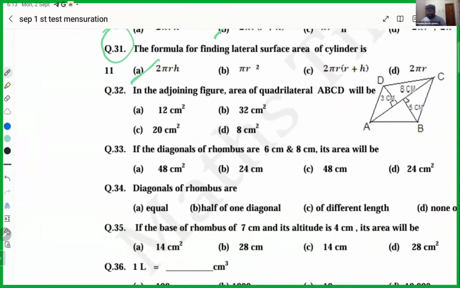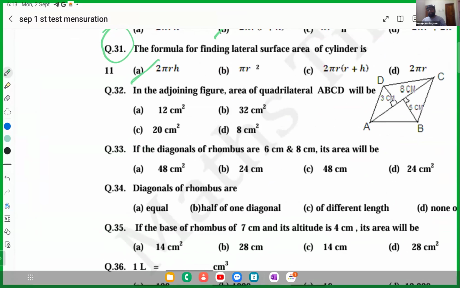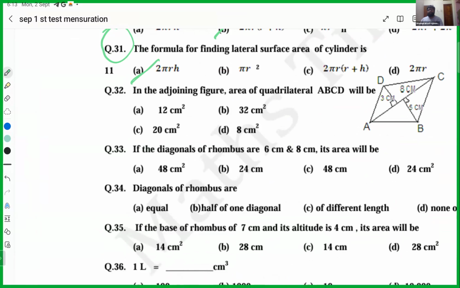Next, area of quadrilateral. I already told you what is the area of quadrilateral. What is the answer for this? Rudra, why are you silent? Sir, I actually did not get the 32nd question, sir.